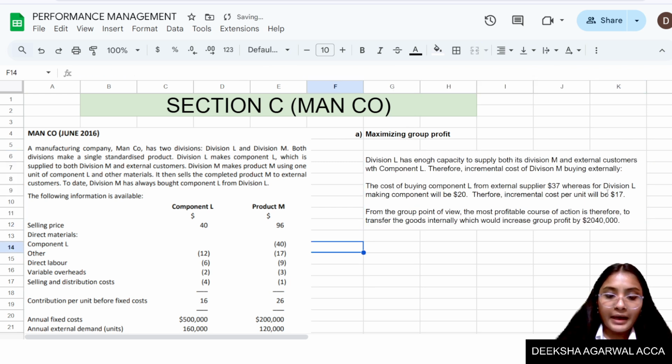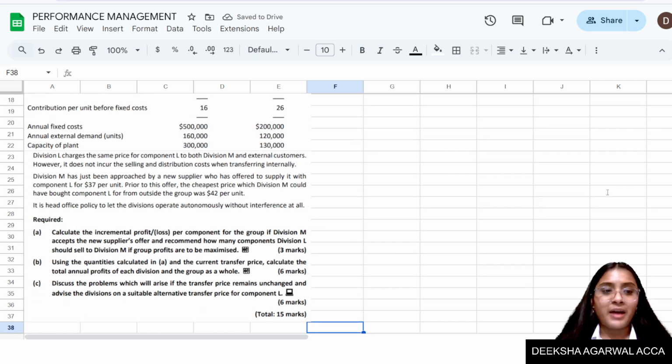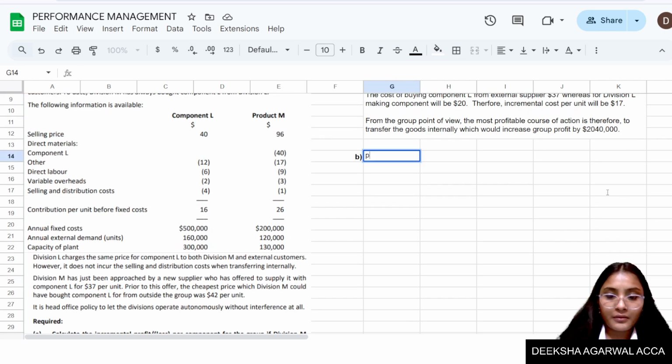Now, part B. What are they asking in part B? Just for 6 marks, using the quantities calculated in A and the current transfer price, calculate the total annual profit of each division as a whole. Okay. Let's calculate the profit for divisions.